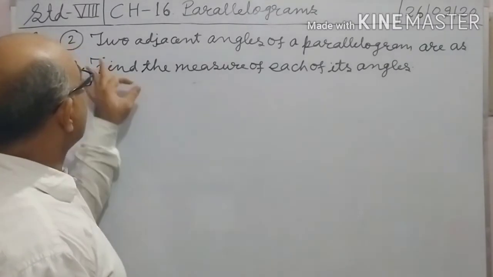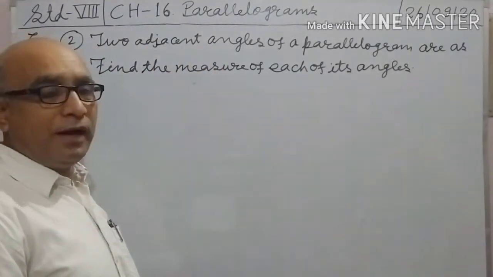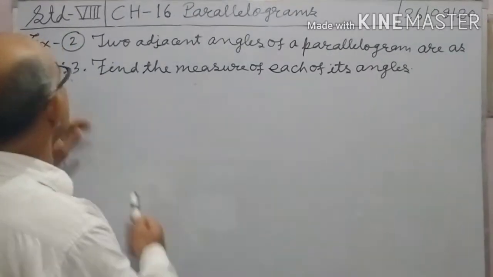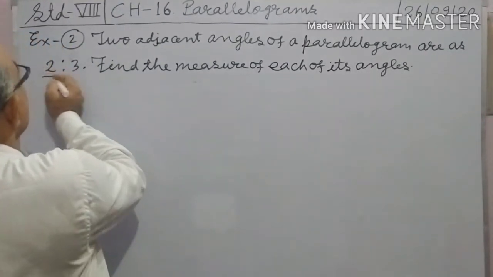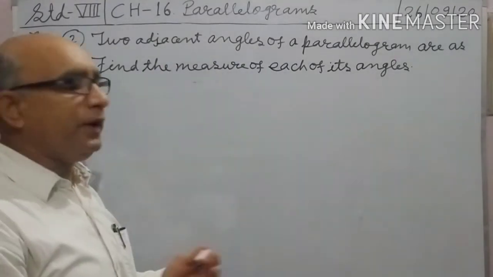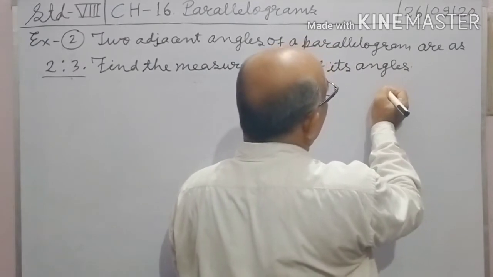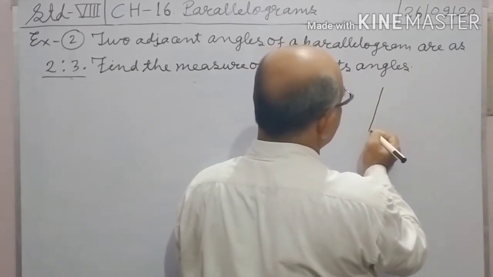Students, next question is example 2. In this question, two adjacent angles of a parallelogram are in the ratio of 2:3. Find the measure of each of its angles. First of all, draw a figure of a parallelogram.